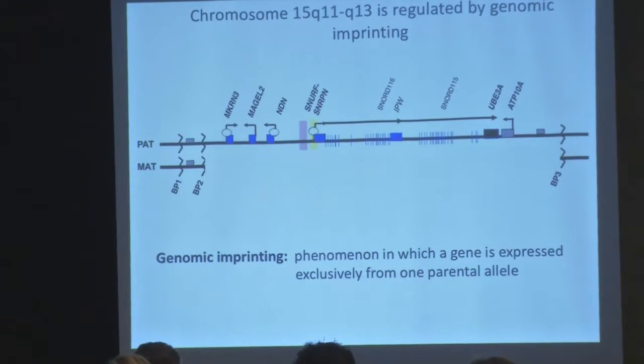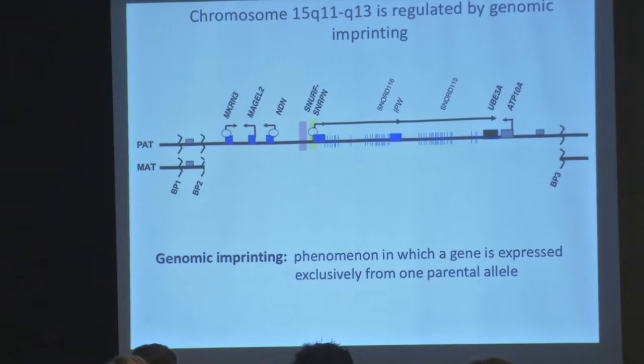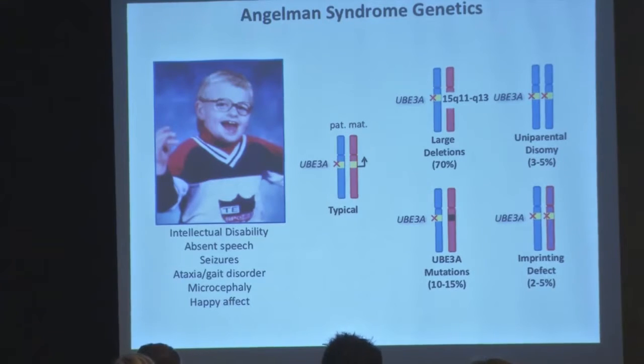These breakpoints also mediate duplications for Dup15q syndrome. And so when you're missing mom's copy of UBE3A, you have Angelman syndrome. If you have extra copies of this region, again mediated by these repeat elements, you would end up with the Dup15q syndrome.